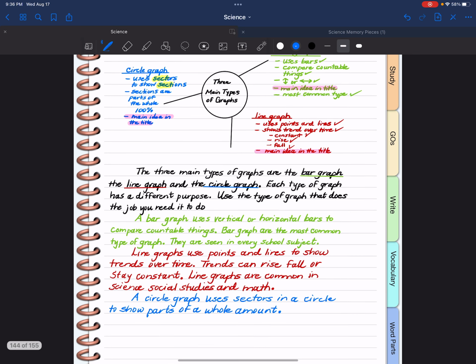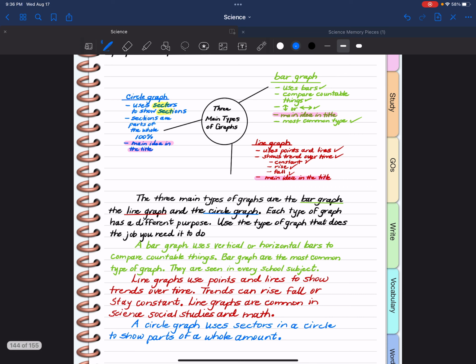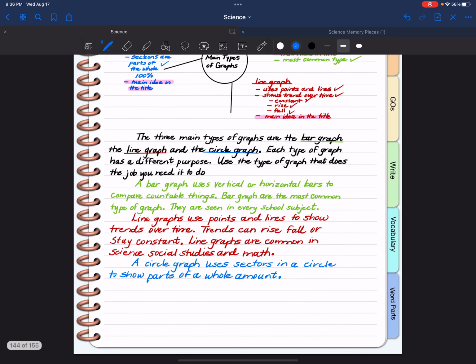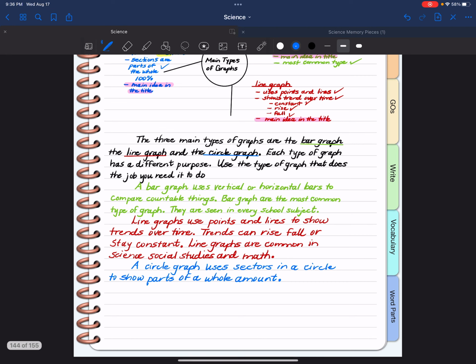Full stop. So we have sectors, parts of a whole. We've already done all those, so we're going to have to come up with some more facts for the circle.